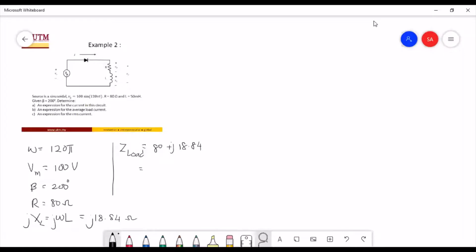In polar form, this is 82.2 angle 13.25 ohm.